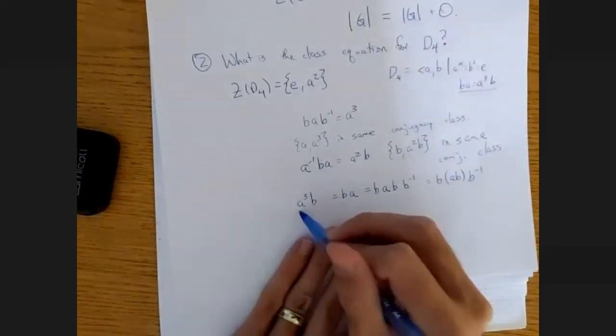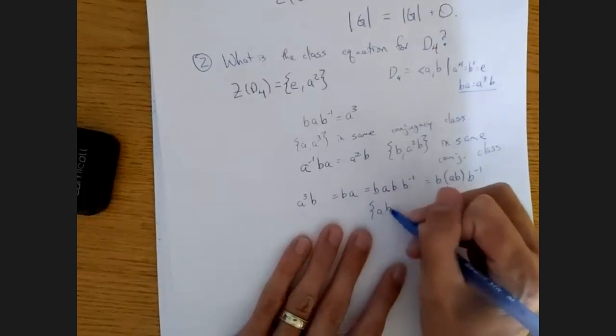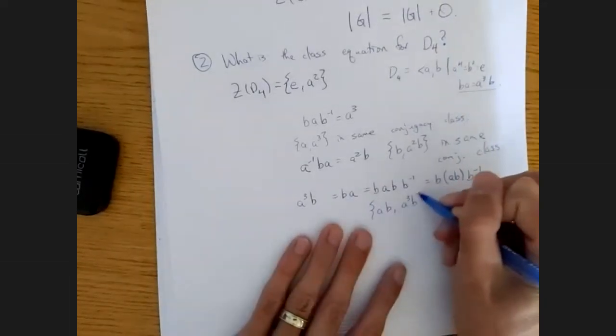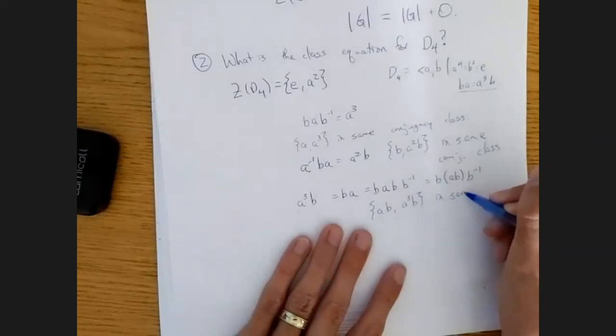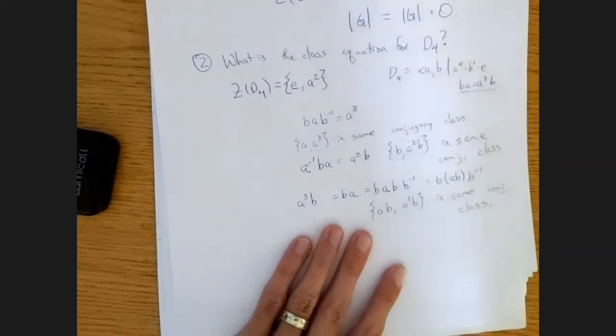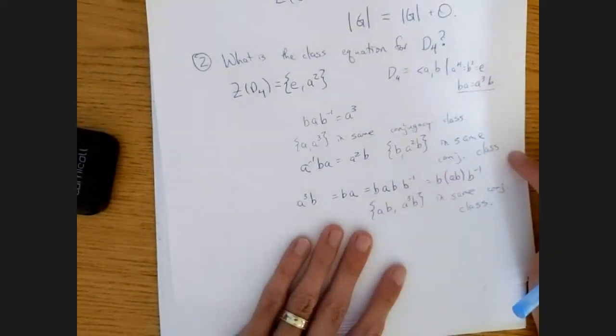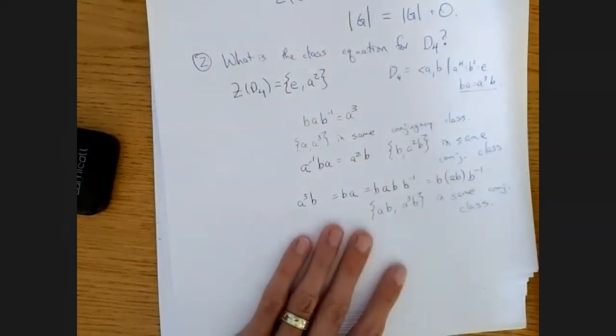It's telling you that A cubed B and AB are in the same conjugacy class. Okay. So I have three different conjugacy classes, and the center has size 2.